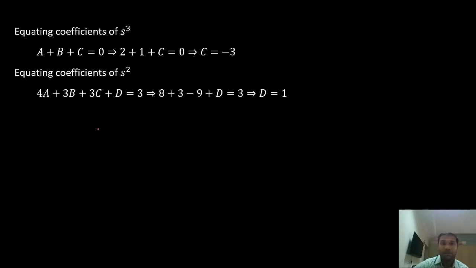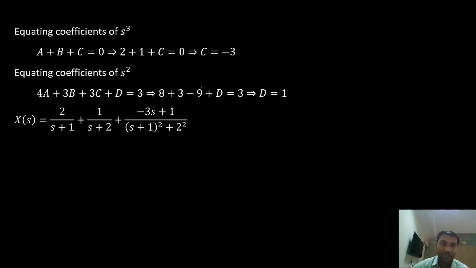So this is how I'll find the values of a, b, c, and d. So after finding the values of a, b, c, and d, I am substituting in whatever expression I had previously for x of s.